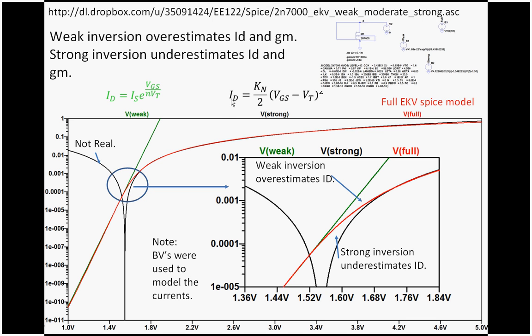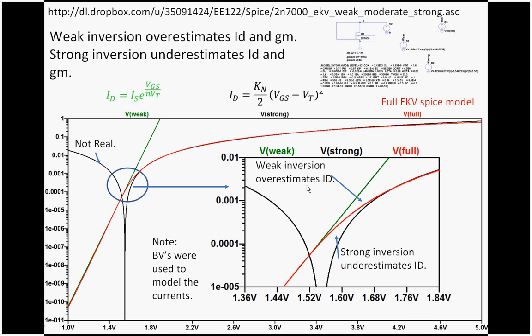And if we look at the strong inversion approximation, which is black, it matches the EKV model really well right down to moderate inversion, but then it's completely different, and this part isn't even real. It doesn't work below that. You get imaginary numbers, if you will.